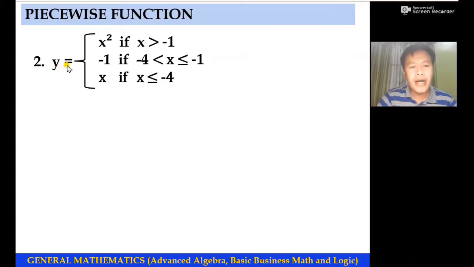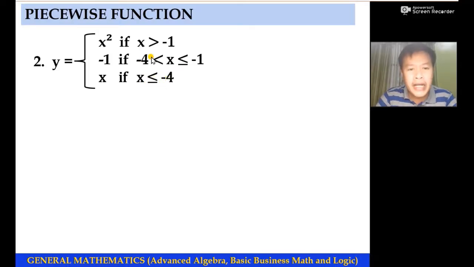Our first function is y is equal to x squared if x is greater than negative 1. And our second function is y is equal to negative 1 if x is greater than negative 4 and x is less than or equal to negative 1. And the third function is y is equal to x if x is less than or equal to negative 4.